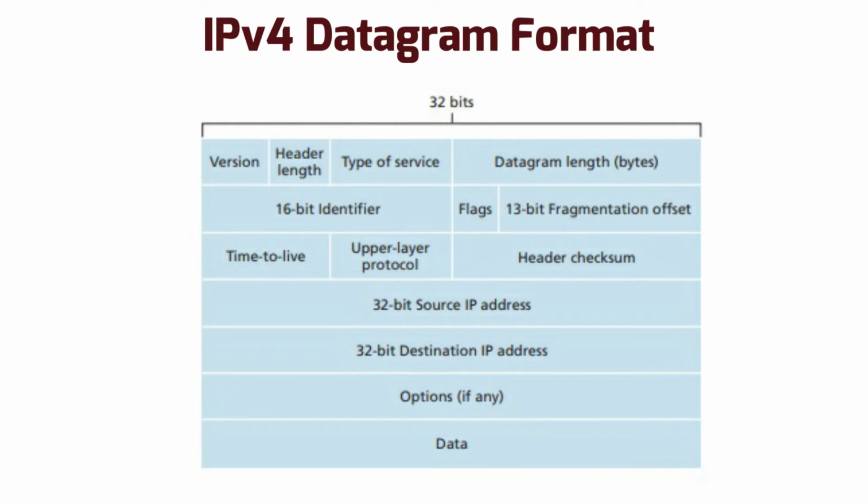The key fields in the IPv4 datagram are the following: version number, header length, type of service, datagram length, identifier, flags, fragmentation offset, time to live, protocol, header checksum, source and destination IP addresses, options, and data or payload.